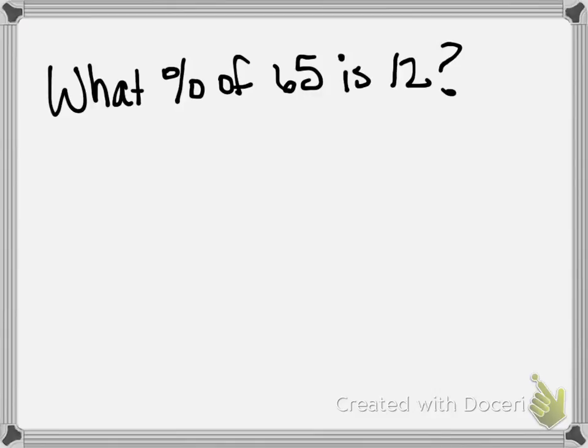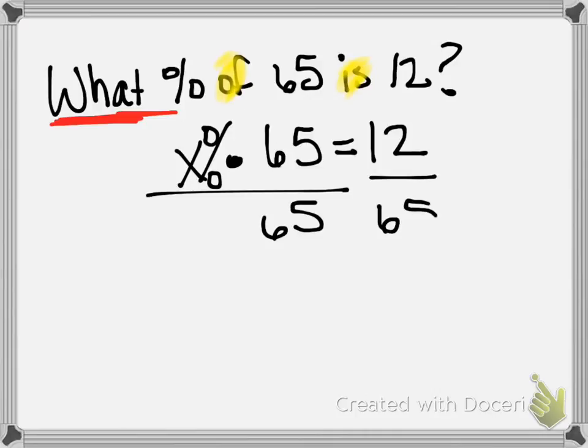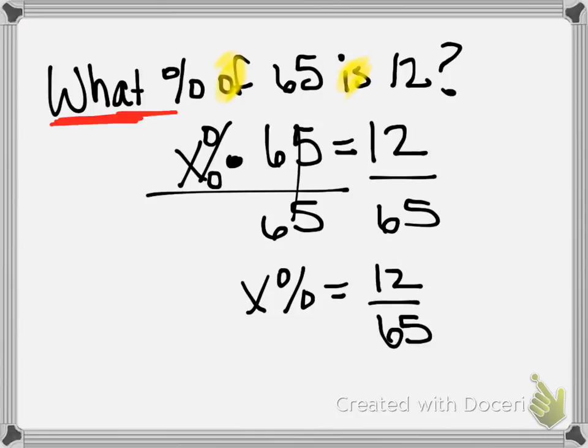Well, if you remember what I just told you, that of and is are multiply and equals, you can substitute those right in. And because this is what we don't know, we're going to let that be x. And x was a percent. So x percent times 65 equals 12. Well, how do we solve for that x? Divide by 65. And so x percent equals 12 divided by 65. And whatever that is will give you your value.